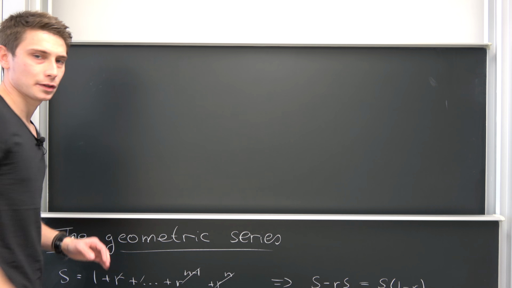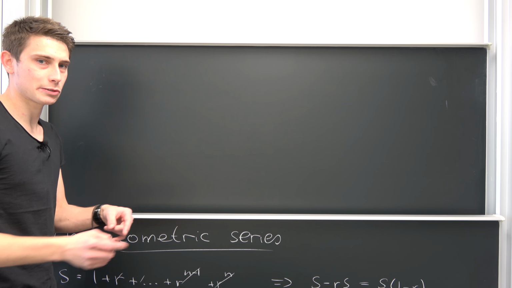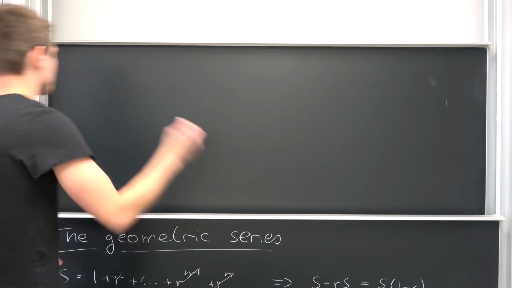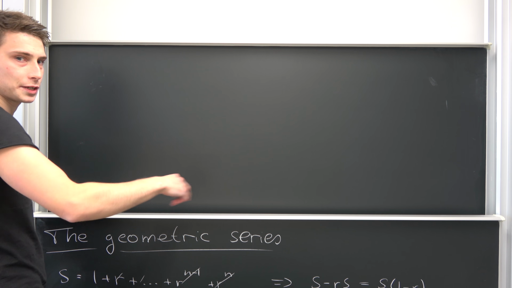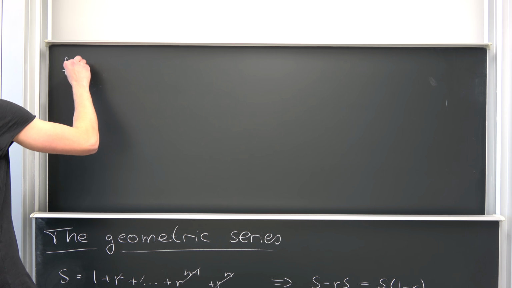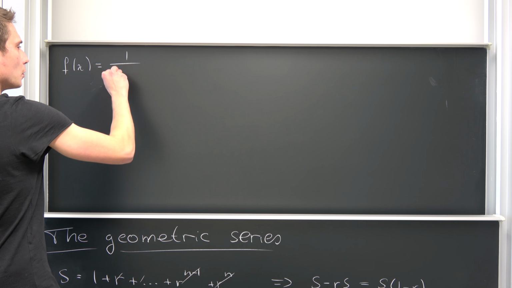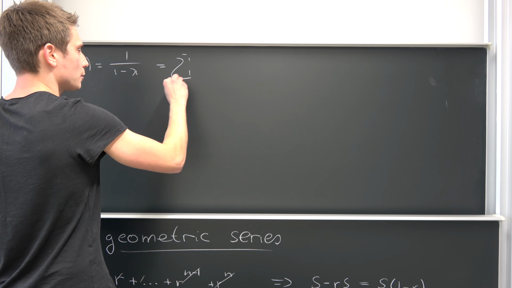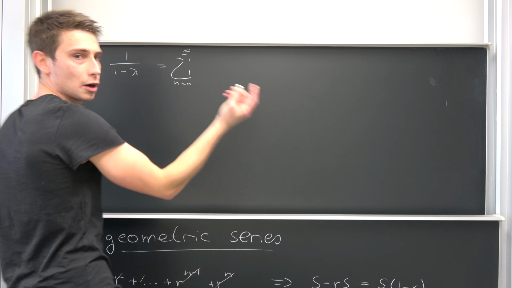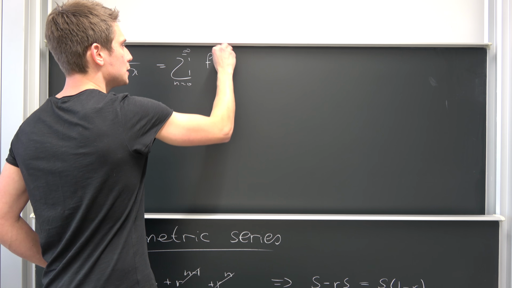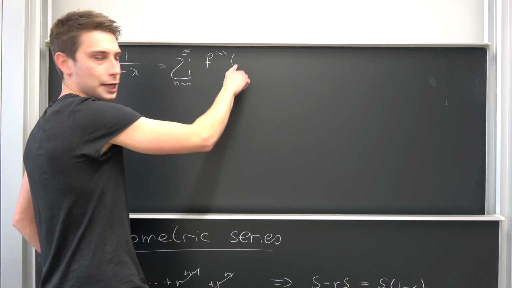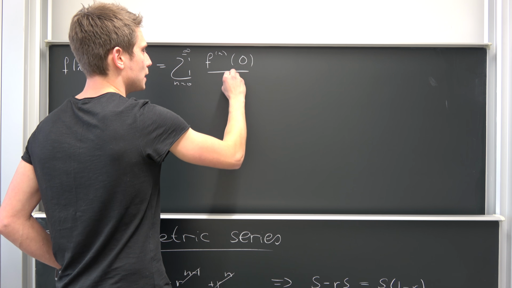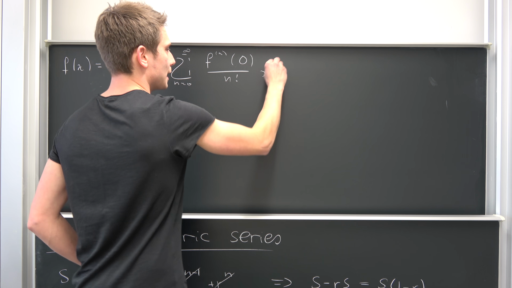So remember, not really a Taylor series expansion, more of the Maclaurin series expansion. We want to find an expression for our f of x, which is nothing but 1 over 1 minus x, in terms of an infinite summation from n equals 0 to infinity of the nth derivative of f at the point 0 over n factorial times x to the nth power.